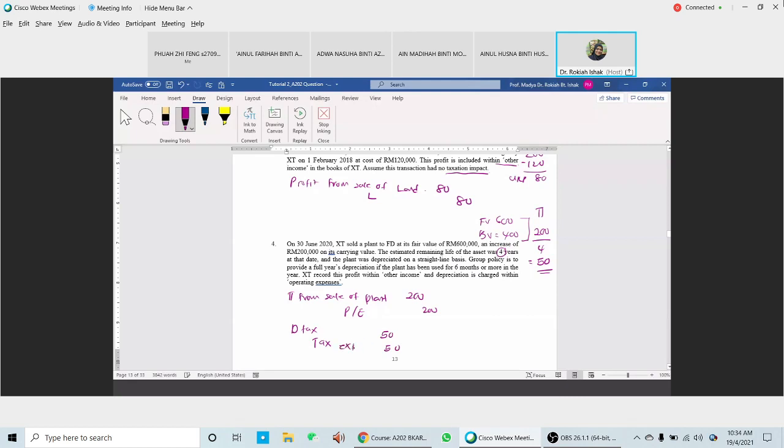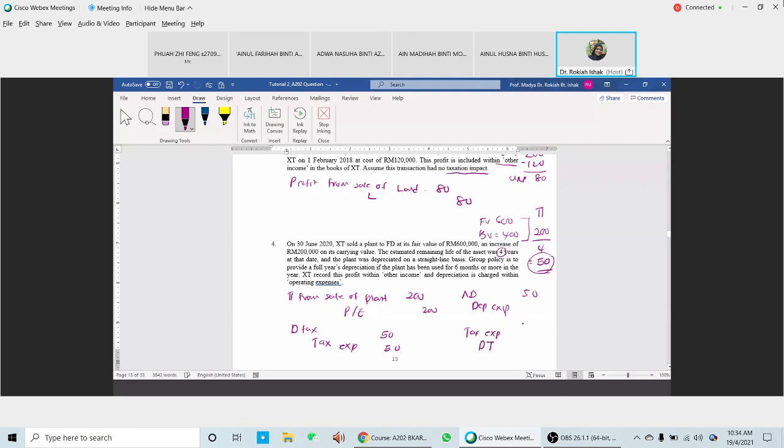Next thing, we need to provide a journal entry for depreciation over provided. The amount over provided here is 50. So debit accumulated depreciation, credit depreciation expense of 50. Then debit tax expense and credit deferred tax.